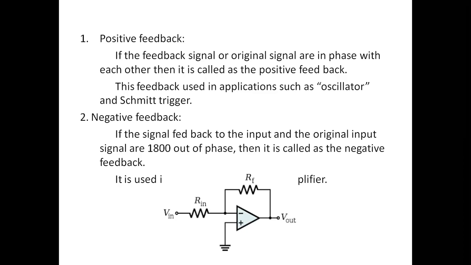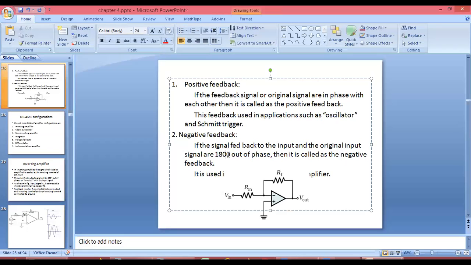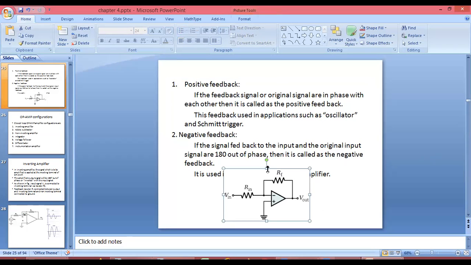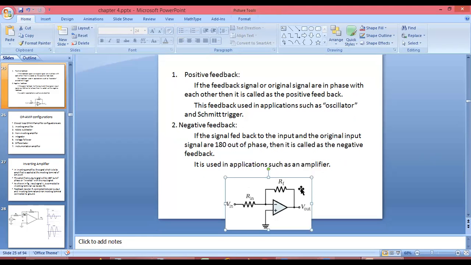And if you are talking about negative feedback, when we are returning back from output to input, at that time, if the feedback signal and the original input signal are both out of phase by 180 degrees, at that time you can say that type is a negative feedback amplifier.